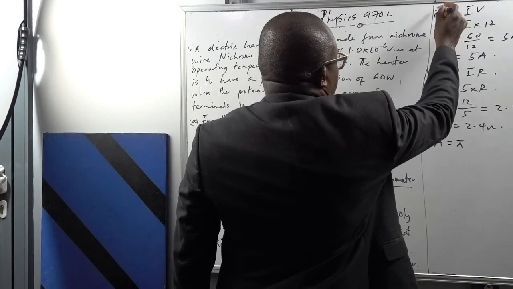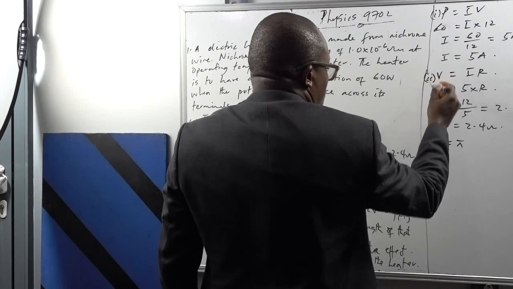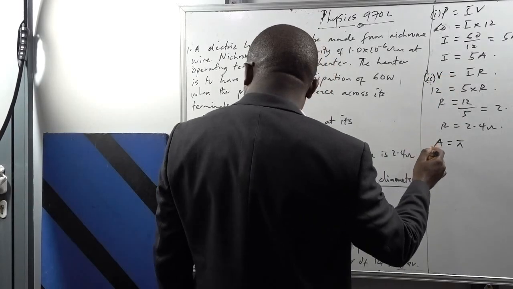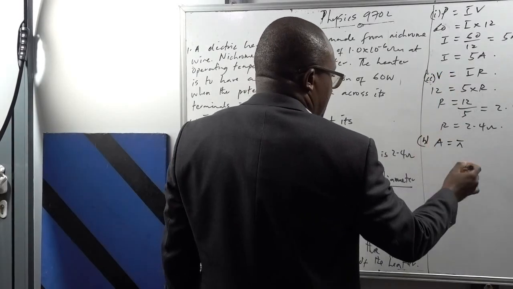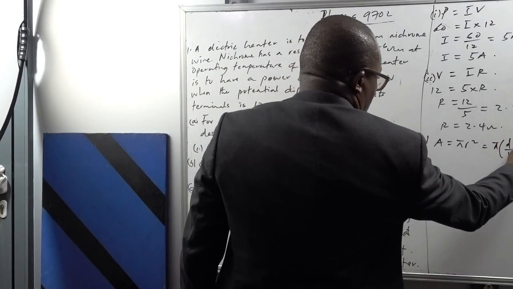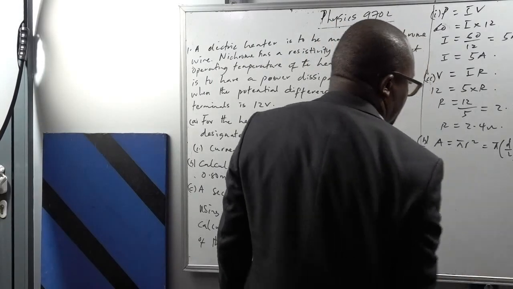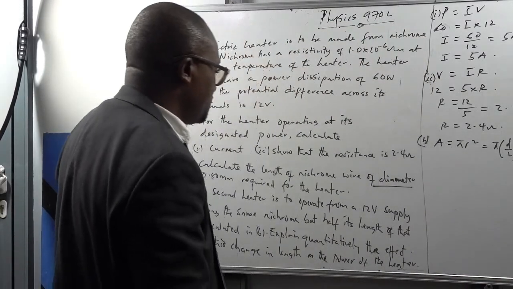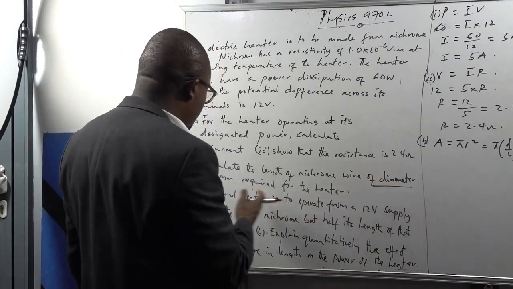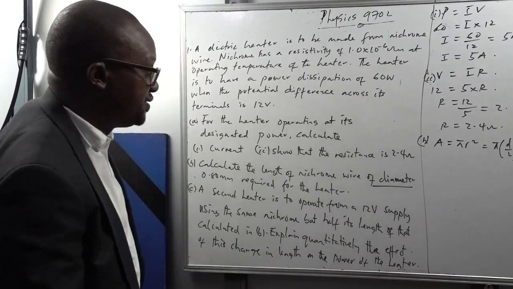Don't forget that the cross-sectional area is given as pi r squared, which is equal to pi times d over 2 all squared, and this will give pi d squared over 4. So that is the cross-sectional area. Since you know the value of the diameter, we can easily calculate its cross-sectional area.